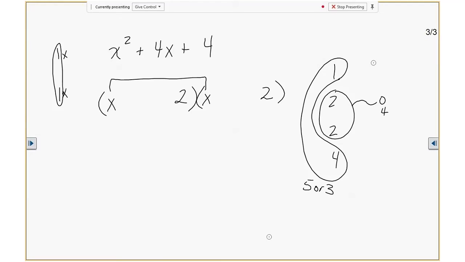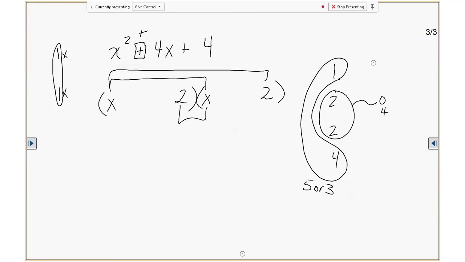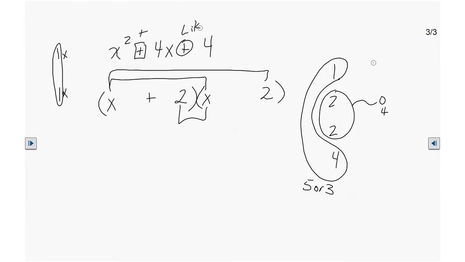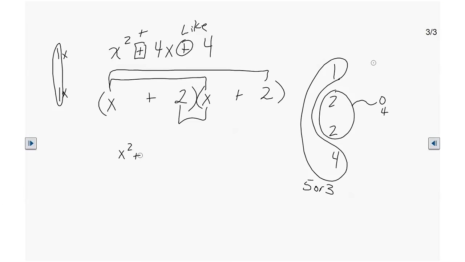This sign means that the largest number has to be positive. So in this case, outside and inside are both the same, so just pick one. Since 2 is the same as 2, you just make that 2. What does this mean? Like or unlike? Like, so if this is positive, what's this? Positive.